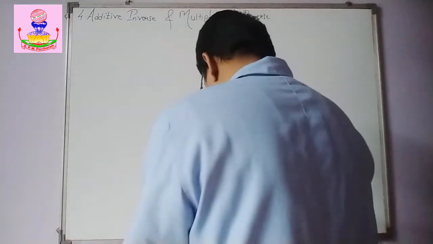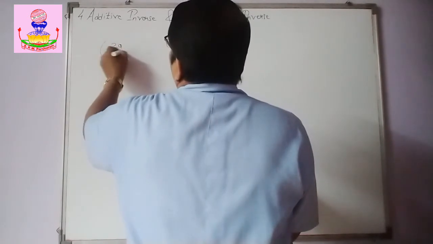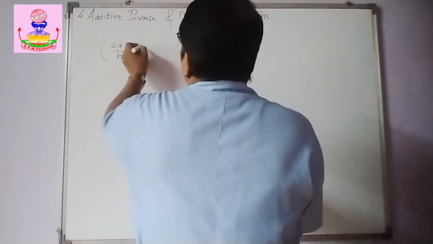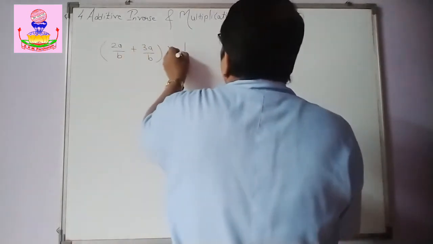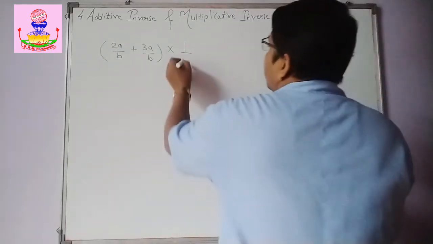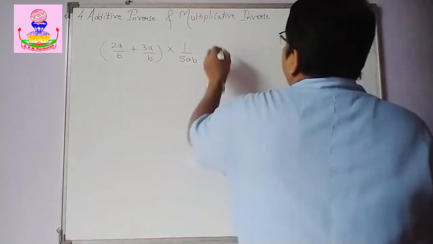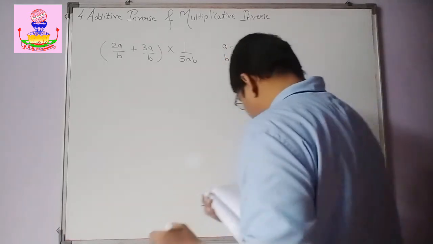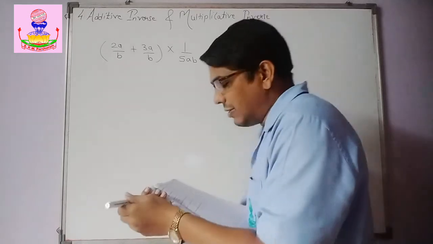Okay, so you have to find value of 2a upon b plus 3a upon b multiplied by 1 upon 5ab, and values of a and b are given. A is 101 and b is minus 5.